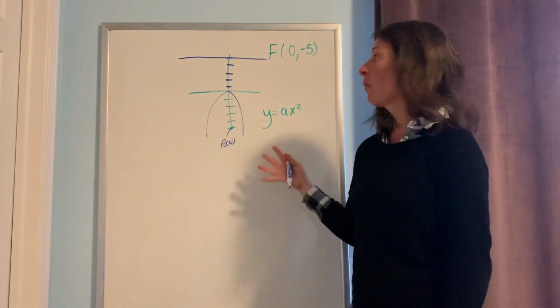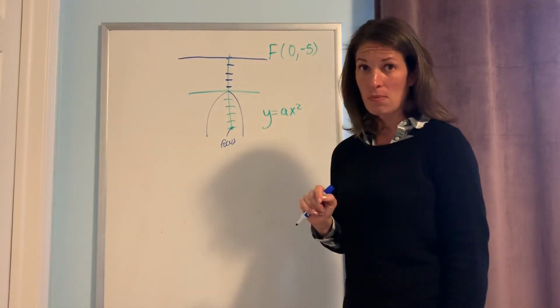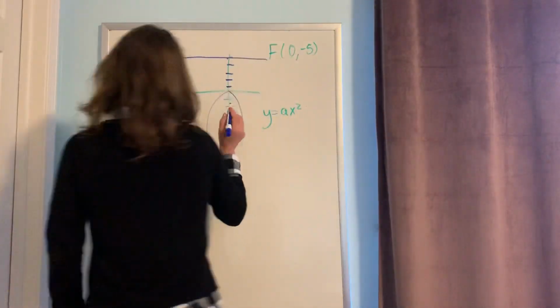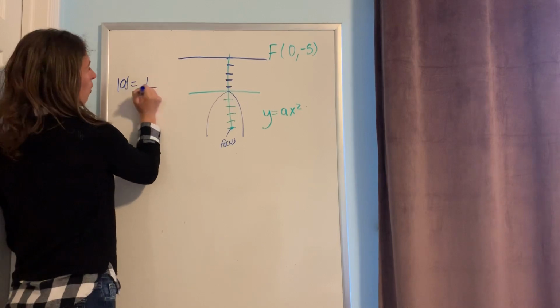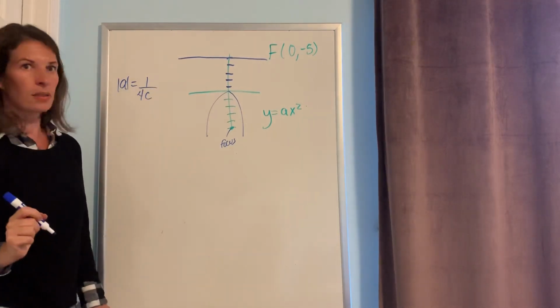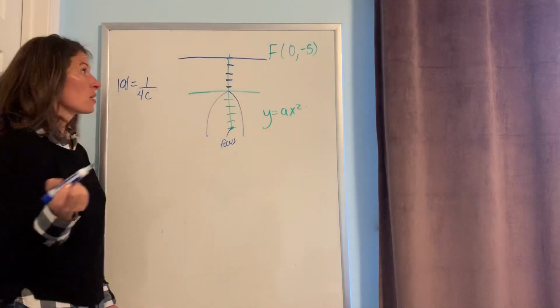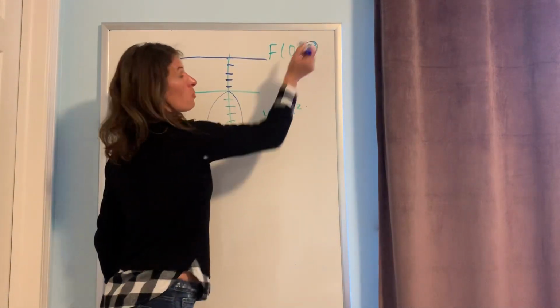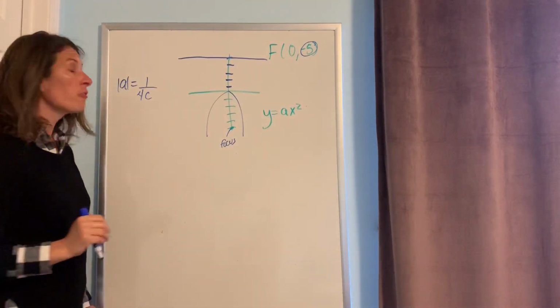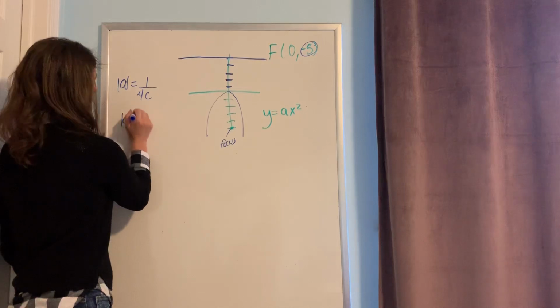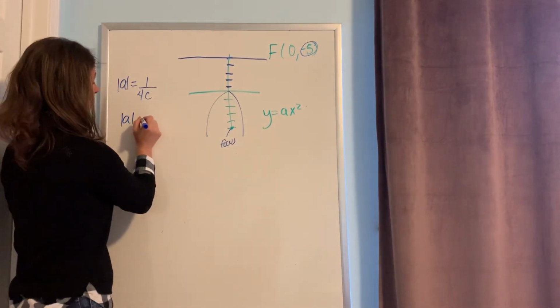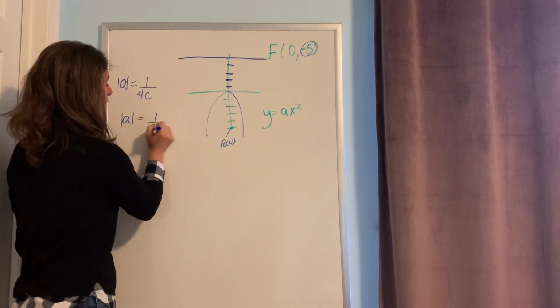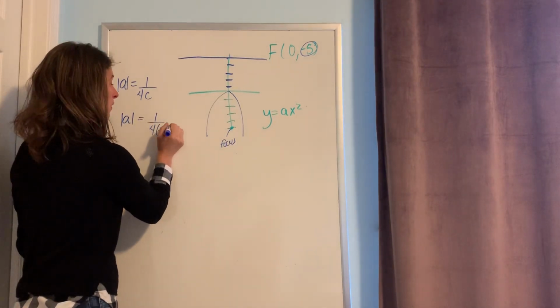So now we need to build our equation. I know that A is equal to 1 over 4C. So C is where our focus is, it's the -5. So A, our A value for y equals ax squared, is equal to 1 over 4 times -5.